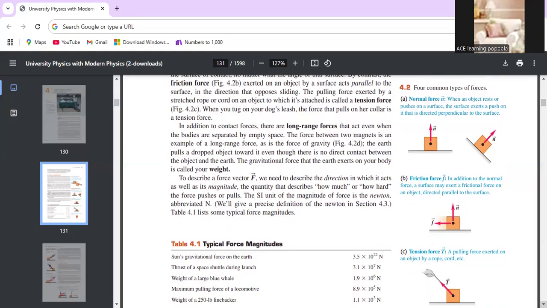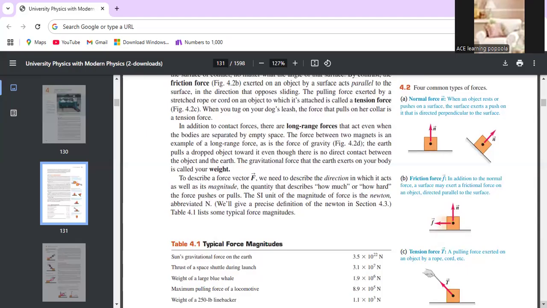Tension force is the force that we experience when we pull on strings or when we carry something heavy in a bag. When we carry a nylon bag that has something heavy in it, that force that pulls on our fingers is called the tension force.